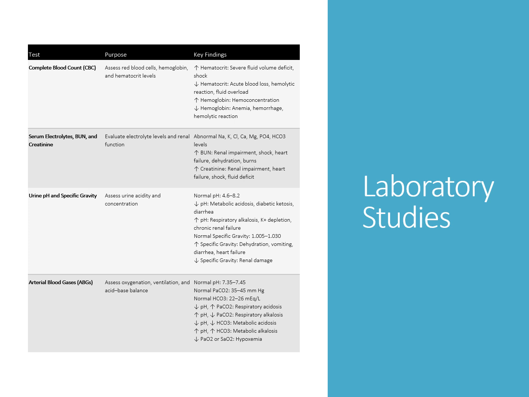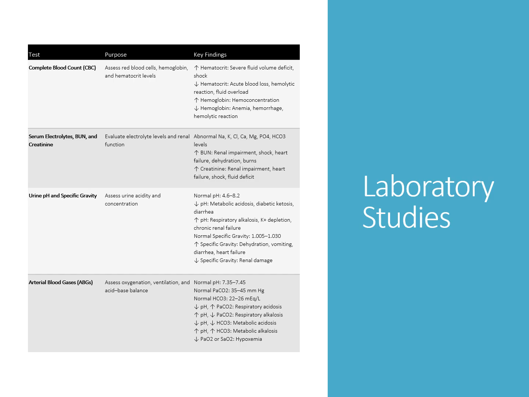Okay, and this is a summary slide for the lab studies that are done and what the findings would indicate. So you have your CBC, which assesses red blood cells, hemoglobin, and hematocrit levels. Your hematocrit is the percentage of red blood cells in the blood. If you have an increase in hematocrit, that means you have fluid volume deficits.